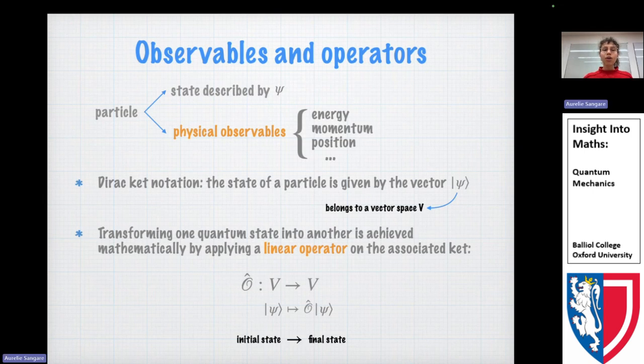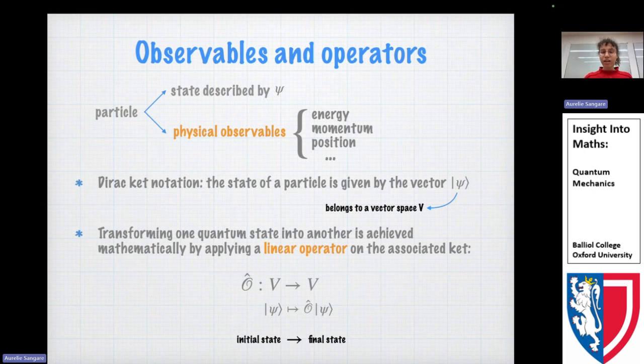Now the quantum state of your particle is described by a complex wave function psi, but you could also associate a vector which would describe the quantum state of your particle.